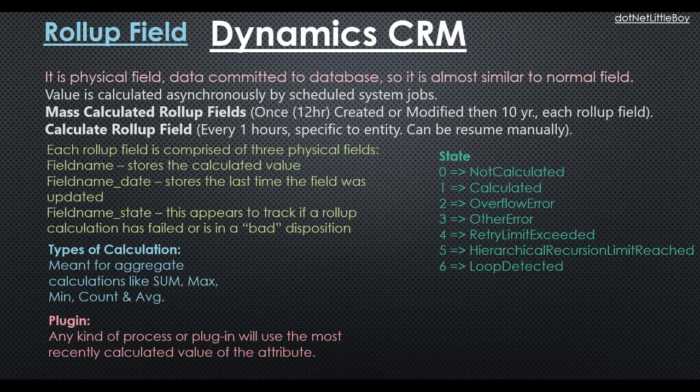However, if you want to retrieve the data of that rollup field in your plugin or workflow or any kind of process, then you can always have the latest value for that field. So for any process or plugin where we want to use the data of this rollup field, we can have the latest value calculated from it. Okay, so these are some important points of the rollup field, and we'll see some limitations before we use the rollup field.